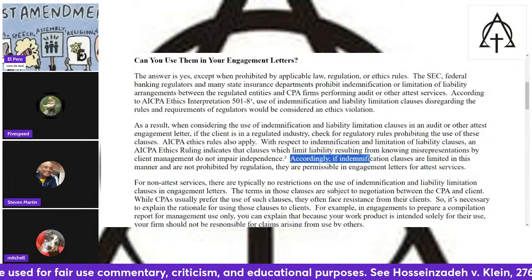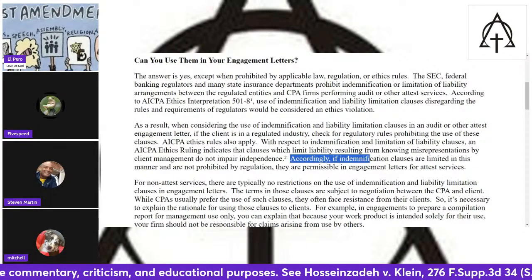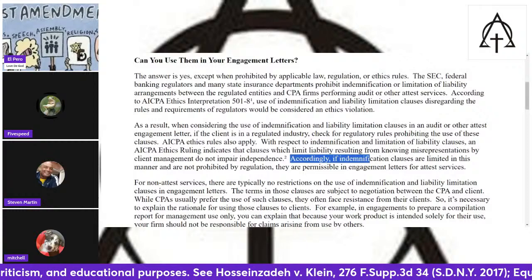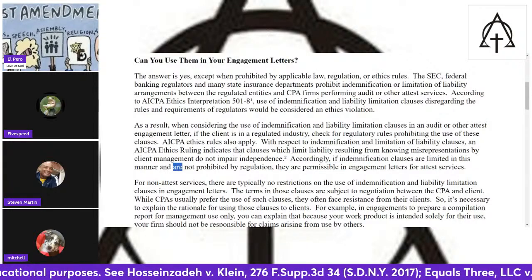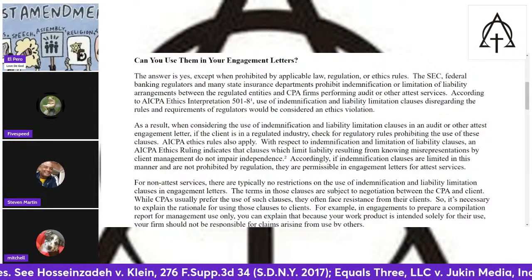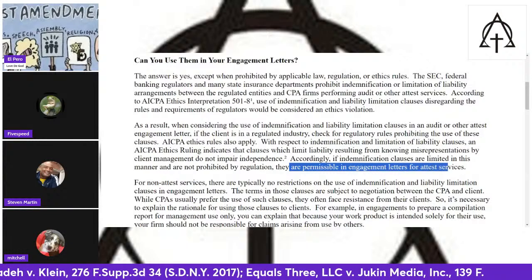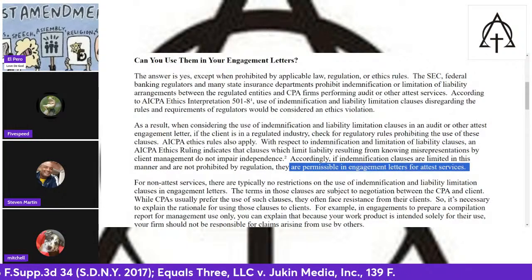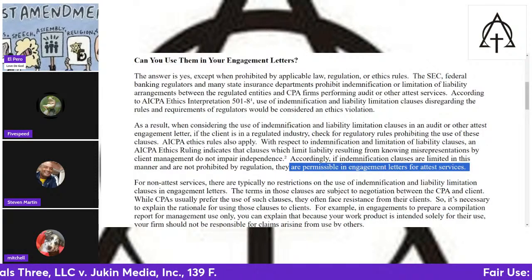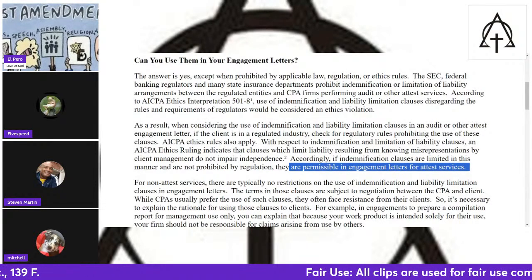with that civil jurisdiction. Accordingly, if indemnification clauses are limited in this manner and are not prohibited by regulation, they are permissible in engagement letters for attest services. In other words, being outside of that judicial scope, there's not a limitation on us, with exception to the ethics.